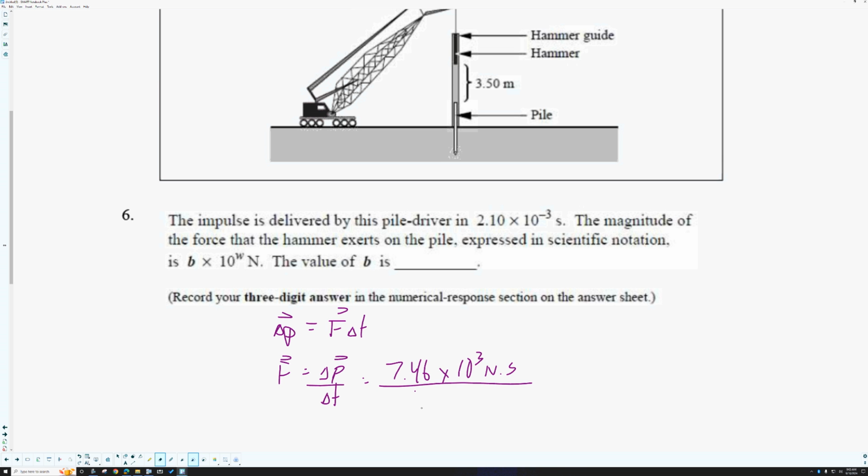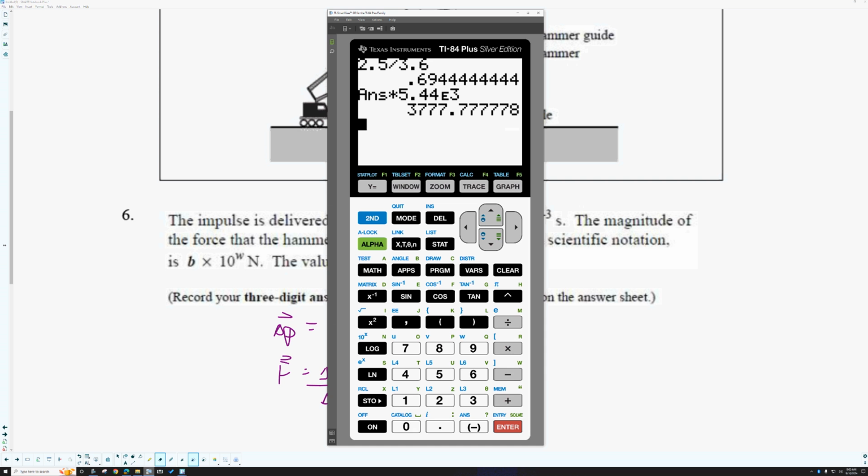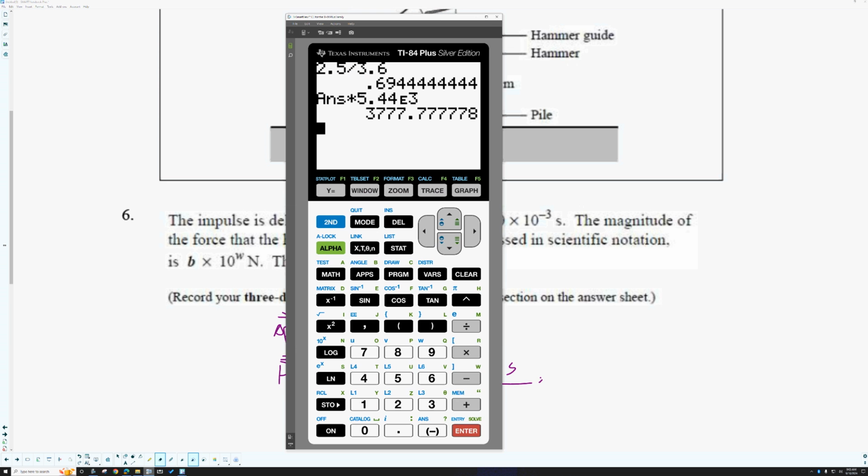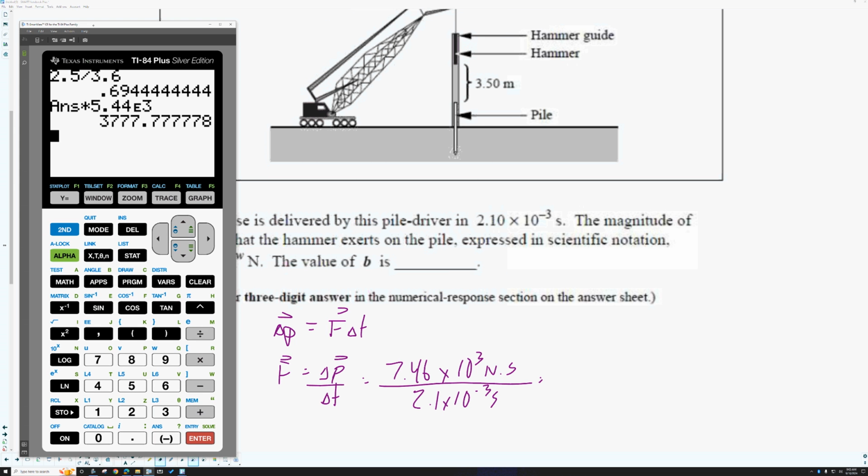The time here is 2.1 times 10 to the negative 3 seconds. Divide those two. 7460 divided by 2.1 times 10 to the 3.